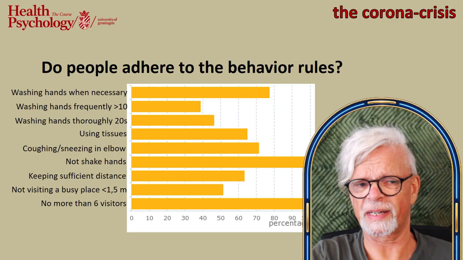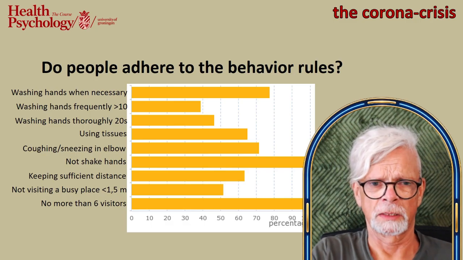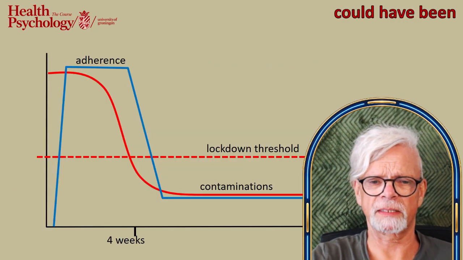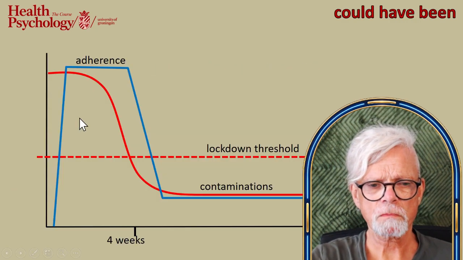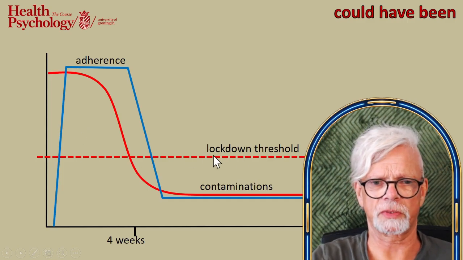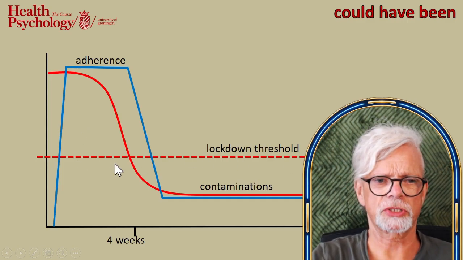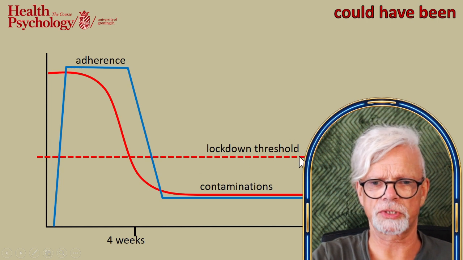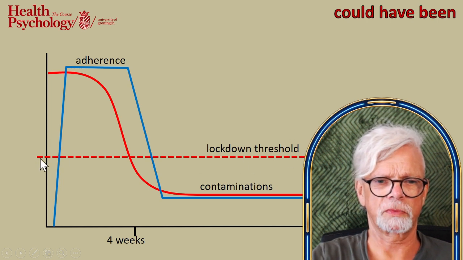And this is not without consequences, by the way, because let's take a look at this graph. So there was an infection, and here we see a lockdown threshold. This means there are so many people and the danger is so high that there needs to be a lockdown.